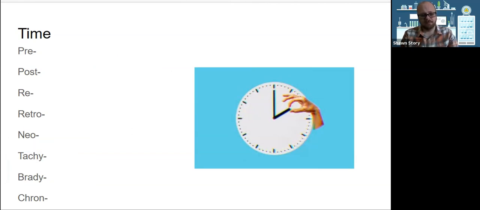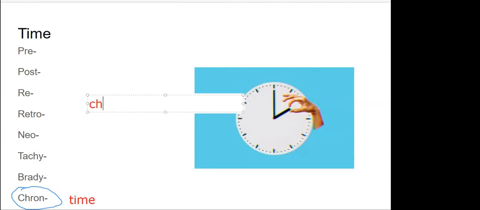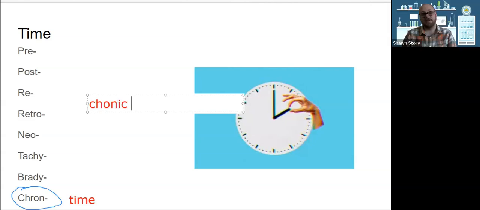And then last one, chrono has to do with time itself. And this is where I see the word chronic. Oh, like chronicles. Yeah. So chronic, if someone has a chronic illness, it means they have that illness for a long period of time. Chronic pain, they have pain for a long period of time, right?